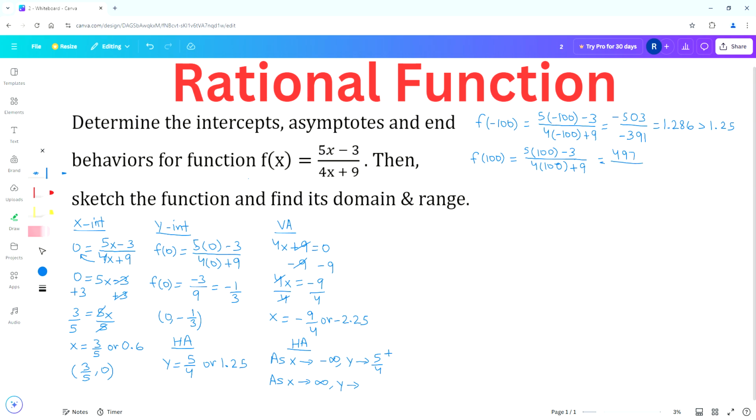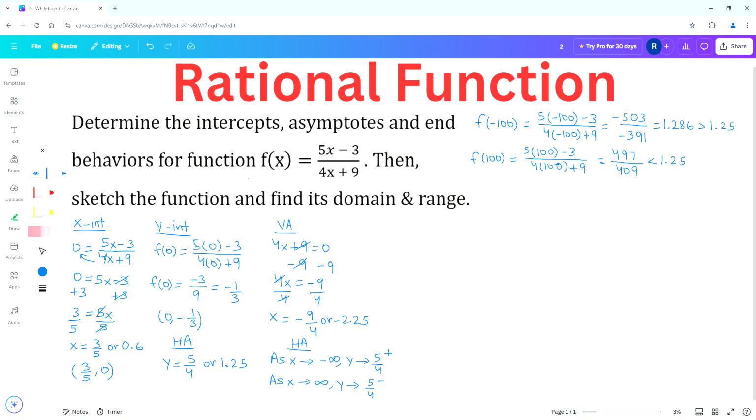In the denominator, 4 times 100 is 400. 400 plus 9 is 409. The value of this fraction is less than 1.25. That means on the right side of the x-axis, the graph of the function approaches the horizontal asymptote from below. So this is the end behavior for the horizontal asymptote.